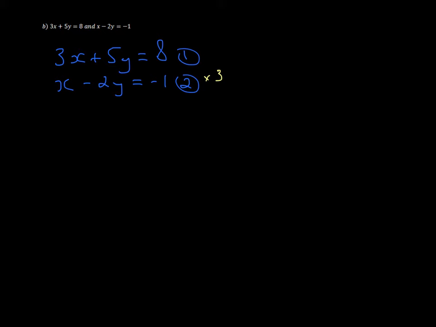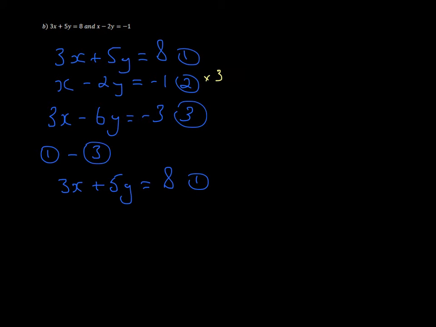That would give me 3x. Negative 2 times 3 is negative 6y. And negative 1 times 3 is negative 3. I'm going to call that equation 3. So now I'm going to go equation 1, subtract equation 3. And I'm going to rewrite that out again so we don't have anything in the way.